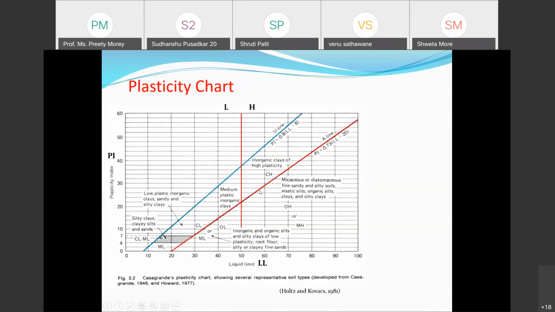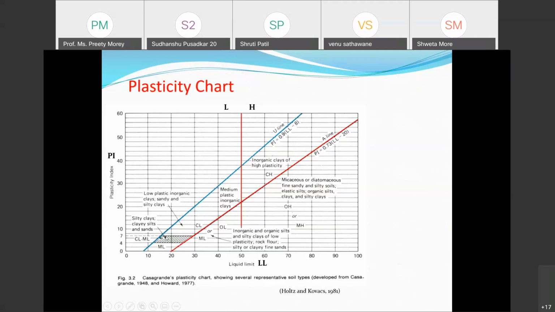Now the soils above the A-line are termed clay soils, and the soils below the A-line are termed silty soils. Already we know that when it is more than 50, we call it highly compressible, and when less than 50, low compressible. So this silt is indicated by MH, this clay soil is indicated by CH, whereas here it is indicated by CL and ML.